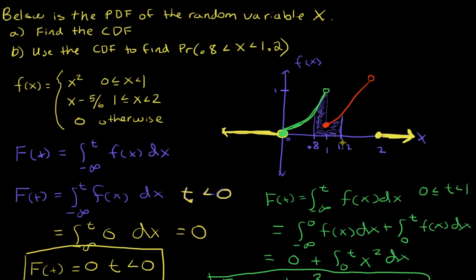So if I say, what is F of 1.2, it will tell me the area all the way behind 1.2. It'll give me all this area, which is too much. And how much too much is it? Well, I would need to subtract off the area of being less than 0.8. If I subtract these two, then I should get just this between area, which is this purple area that I want.